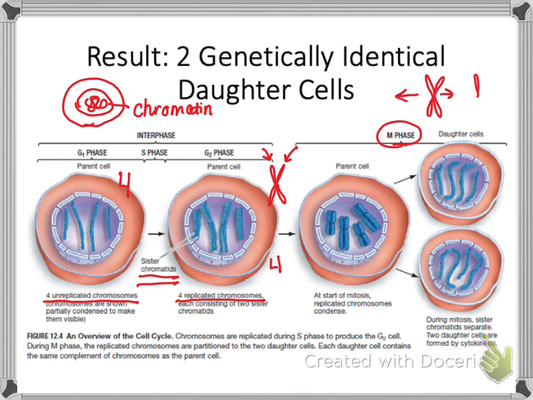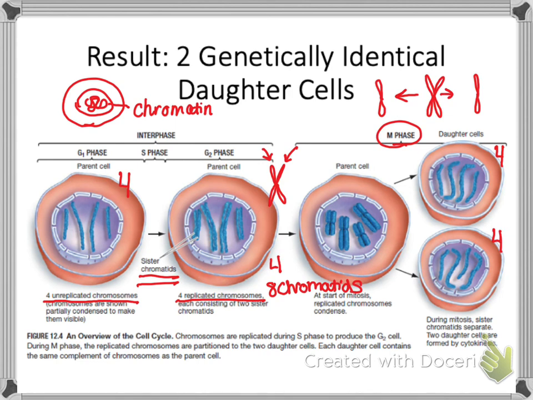So one sister chromatid will go to one cell and the other sister chromatid will go to the other. So you can really see here, although there are 4 chromosomes, there are 8 sister chromatids, so that they can be separated into 2 cells. 8 chromatids divided into 2 cells means there's 4 chromosomes each.